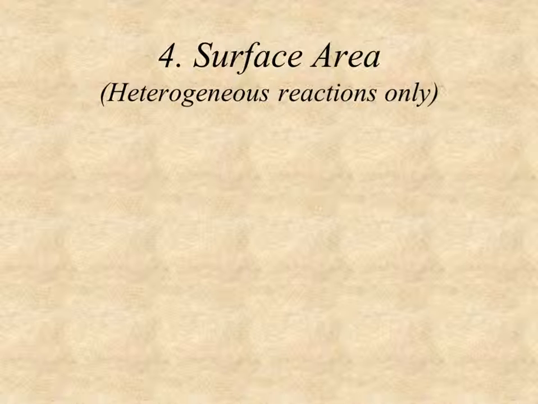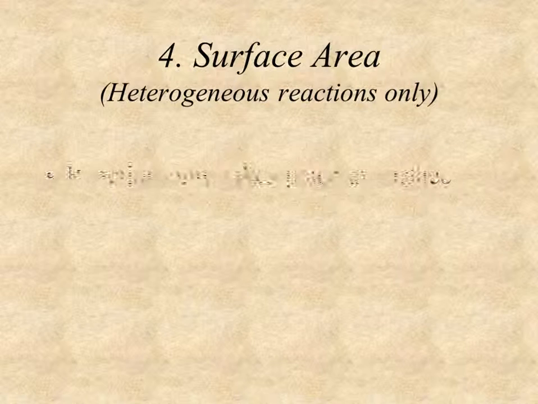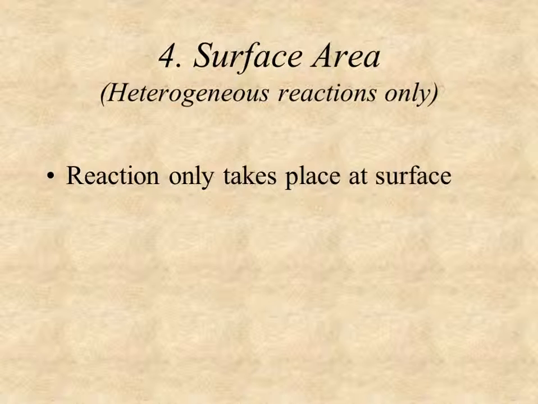The fourth factor is surface area, and again this relates to heterogeneous reactions. We know that reactions require collision, so the only possible place for a large piece of a material to have that collision is at the surface.